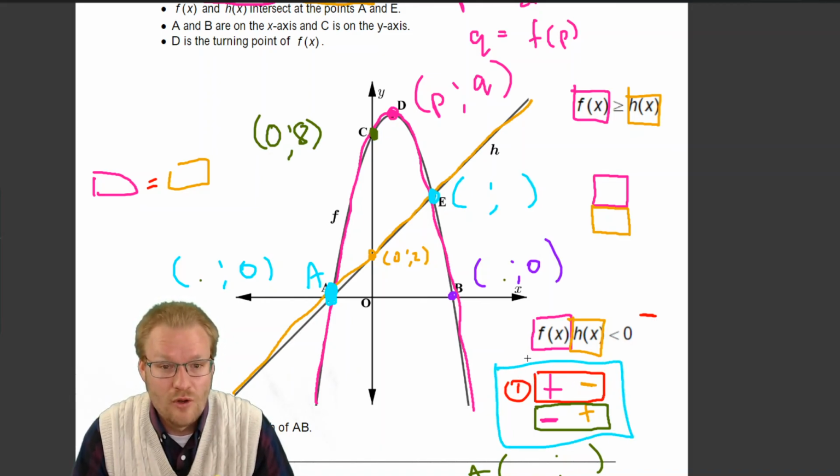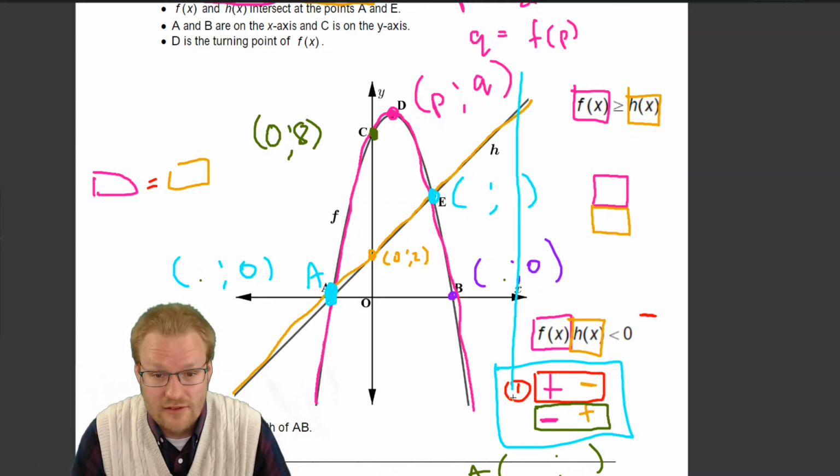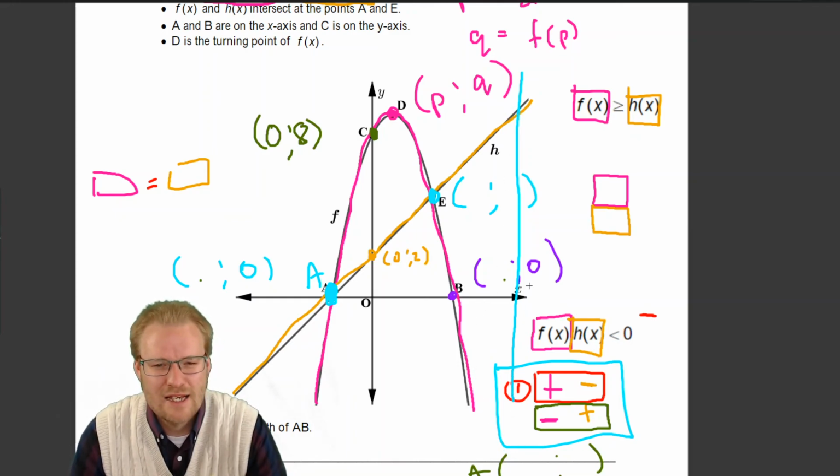So you go both negative, both positive. Even at E, they're both positive. Remember, we're looking at the y values, the outputs. And maybe at this stage, look, at this x value, that's positive, and this thing's way down here somewhere and is negative. So that's the idea behind that question.